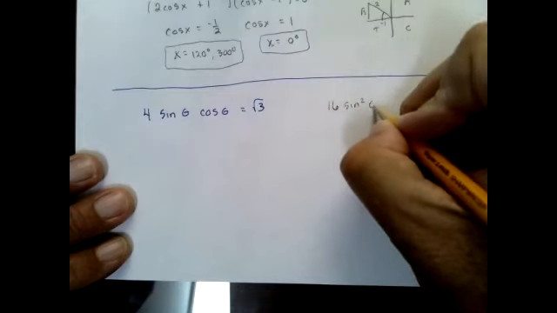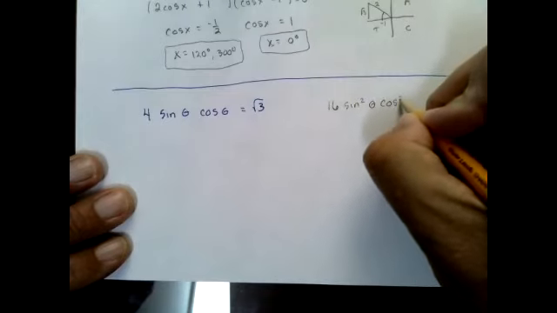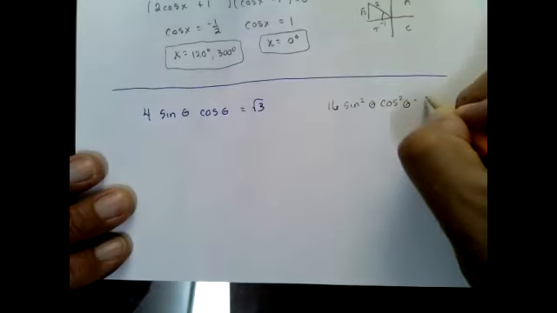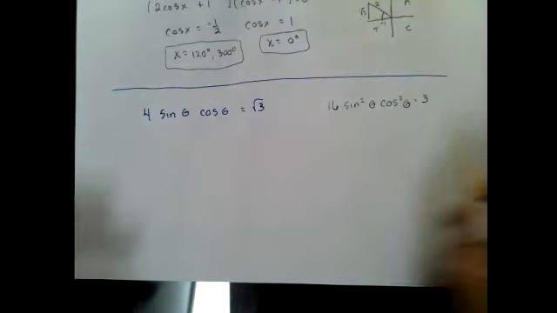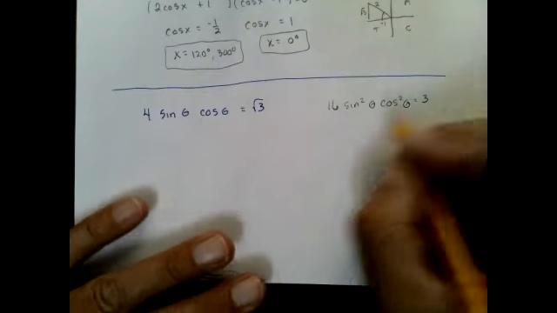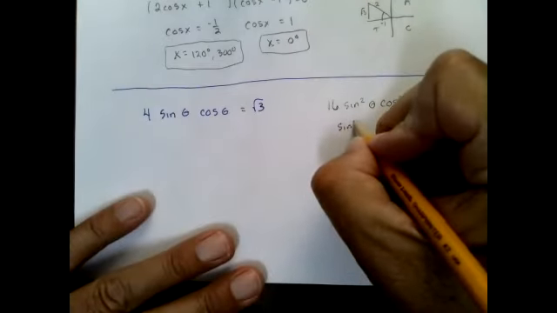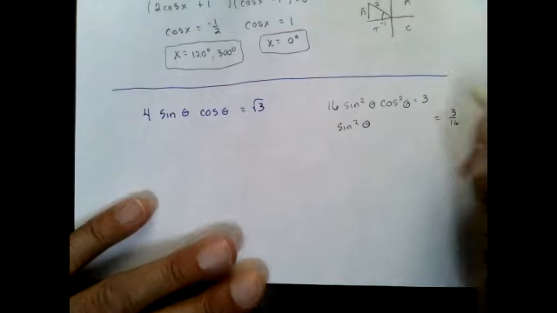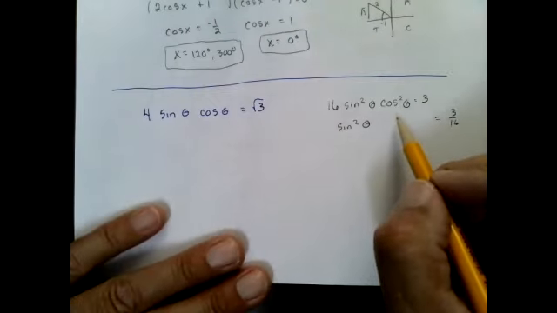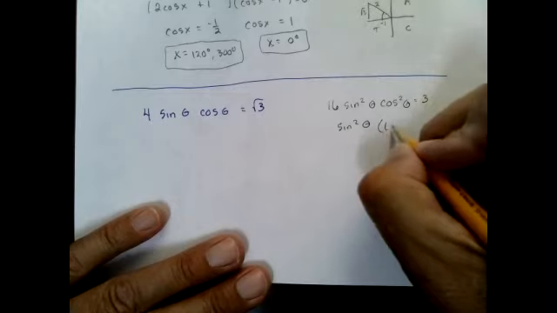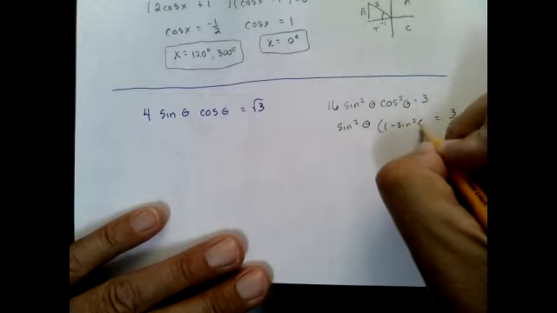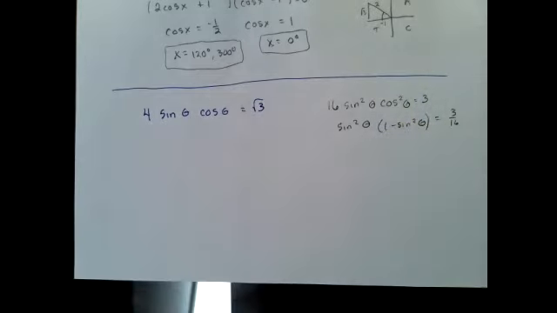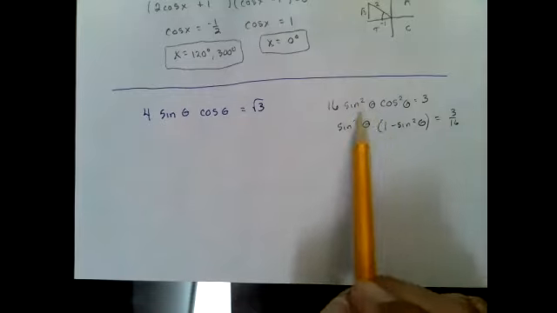16 sine squared of theta cosine squared of theta equals 3. But I'm going to send that 16 over, and I'm going to make the cosine squared 1 minus sine squared. All right, good idea, because I did get rid of one of them.